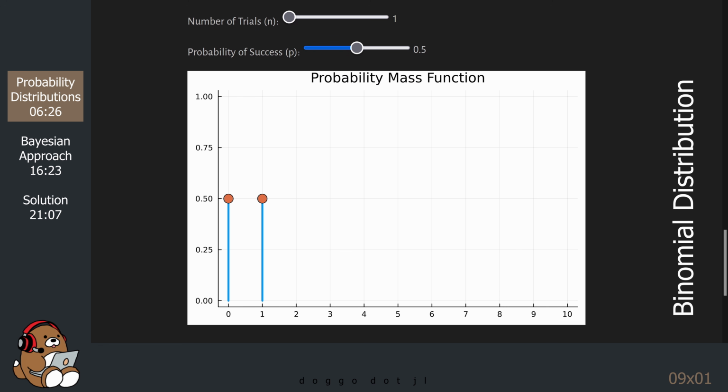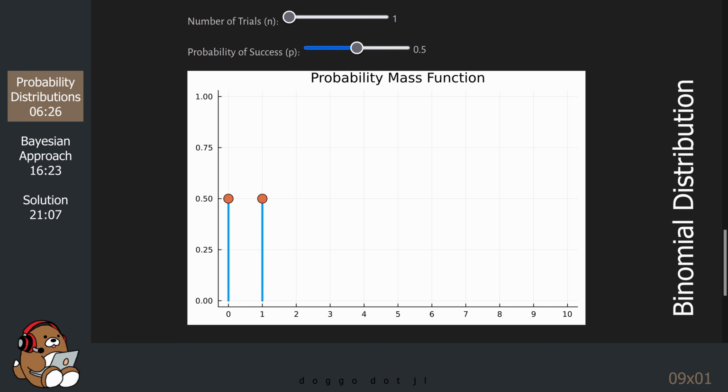The binomial distribution takes two parameters, the number of trials, or n, and the probability of success, or p. Each trial answers a true-false question, like yes-no or heads-tails.